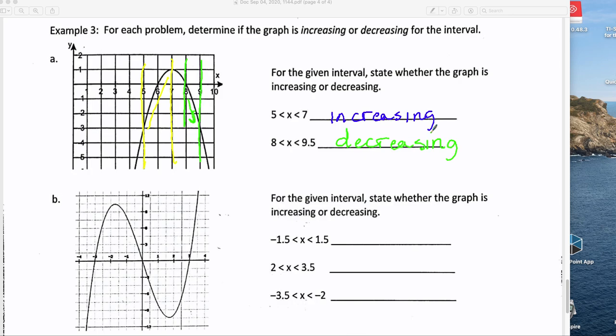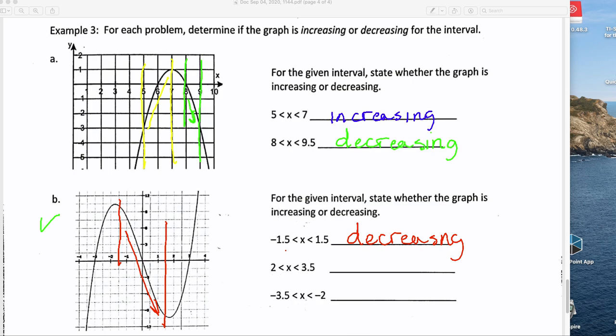Okay, this is the same graph that we had on the front. So let's take a look at that. We've got more intervals. Where x is between -1.5 and 1.5, so that's right here and right here. And what's it doing right there and there? It is decreasing. Okay, two more intervals.